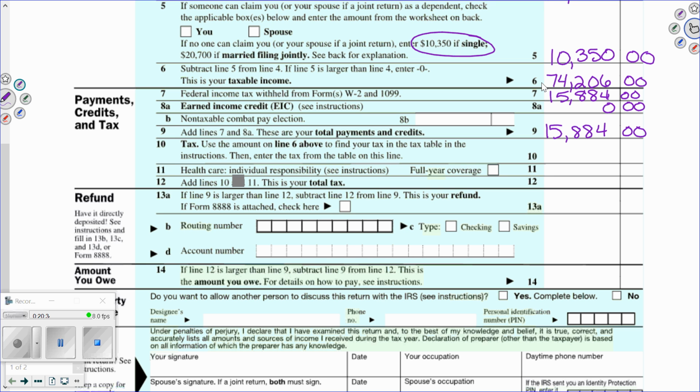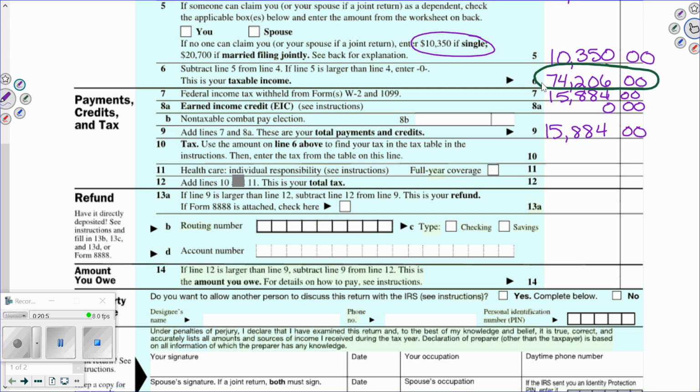All right, 10, tax. Use the amount on line 6 to find your tax in the tax table instructions. So go to your tax table booklet. We're looking at the amount on line 6. So look at line 6. 74,206.